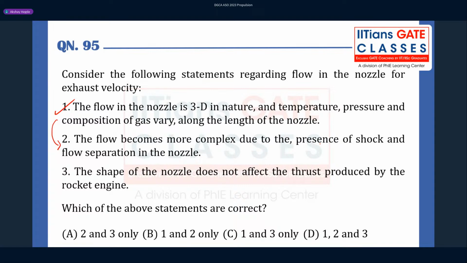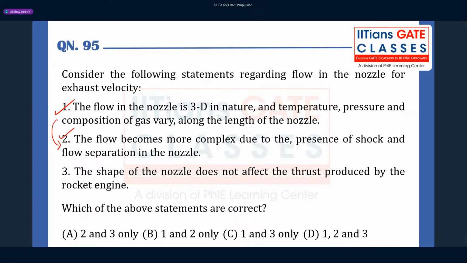The moment we see the shock waves, across the shock the pressure jumps, and there will be an adverse pressure gradient that can actually separate the flow in the nozzle. So it becomes much more complex in the realistic analysis. So statement 2 is also correct.